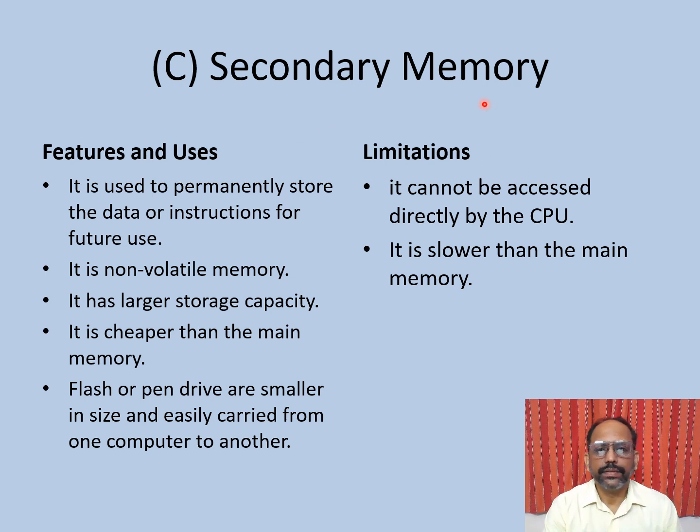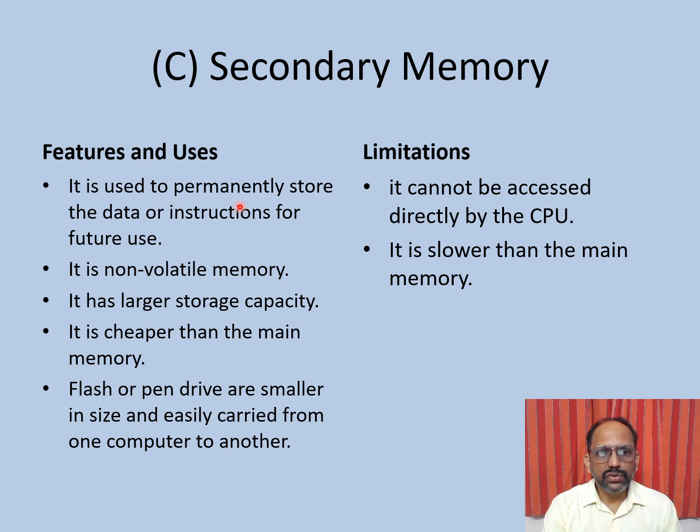Secondary memory. It is another type of computer memory where we can store data permanently. Normally secondary memories come in a larger storage capacity. It is cheaper, less expensive compared to the main memory of the computer system, but it is slow.